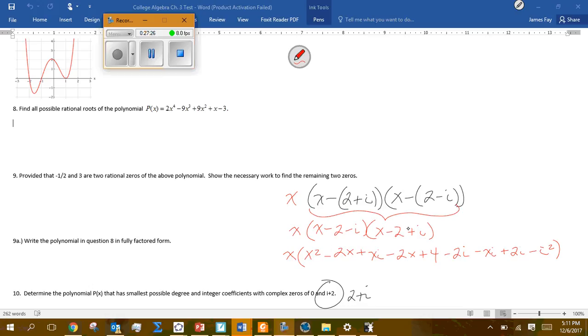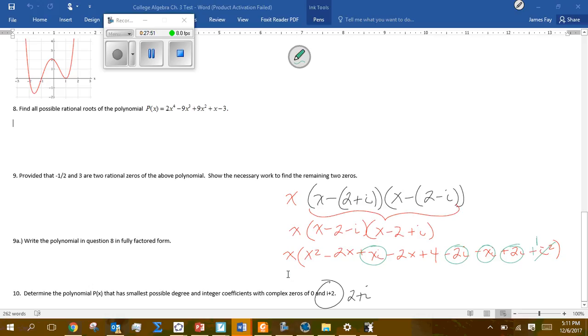Take all three of these things, multiply by all three of these things. You're going to get some things to cancel out here. Your positive xi and your negative xi drop out, negative 2i and positive 2i drop out. This negative i squared becomes a minus a negative 1, so plus 1.